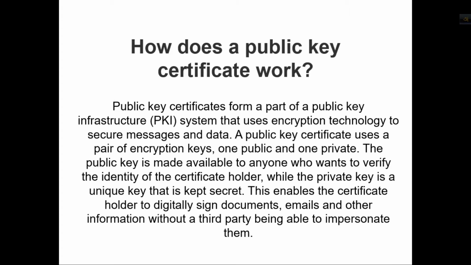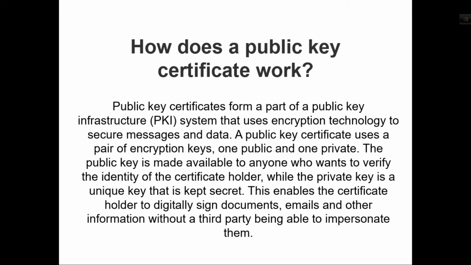Now we will know how a public key certificate actually works. A public key certificate mainly works as part of a public key infrastructure, called the PKI system, that uses encryption technology to secure messages and data. A public key certificate uses a pair of encryption keys, one public and one private.